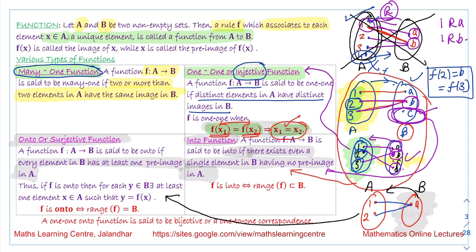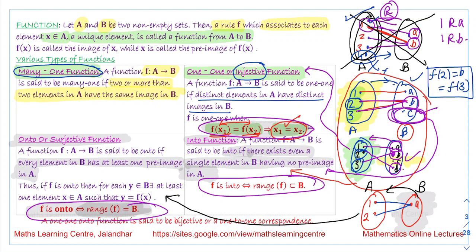It means, what is the definition of an onto function? Every element has a pre-image, which means the range of this function is equal to the codomain of this function. All the conditions given over here will be more clear to you when we solve some examples.